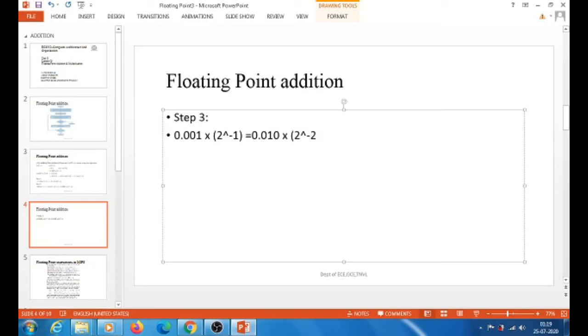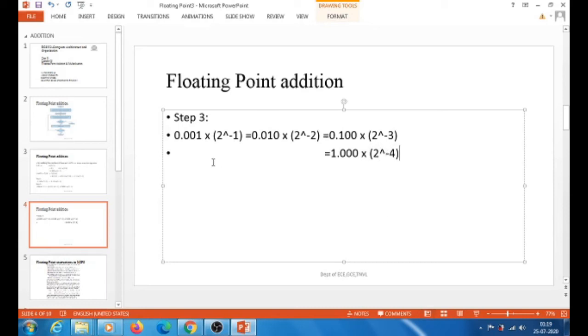Which is equal to 0.100 to the base 2 into 2 raised minus 3. Okay. This in turn can also be represented as 1.000 into 2 raised minus 4.